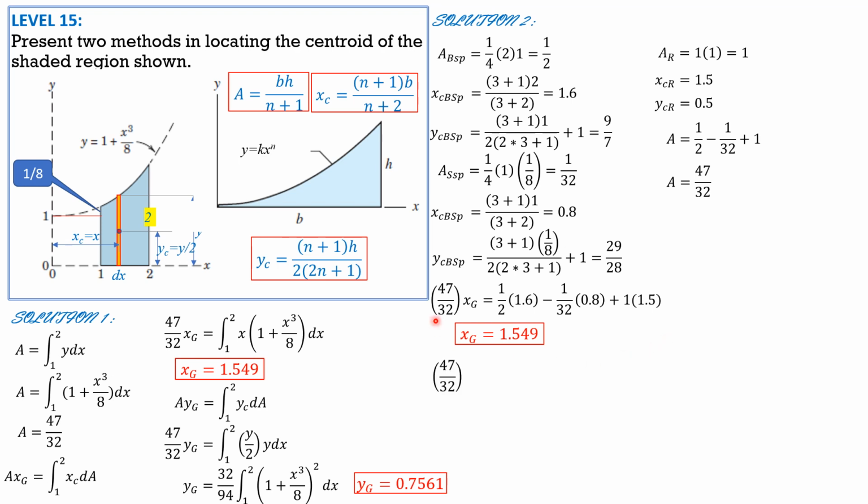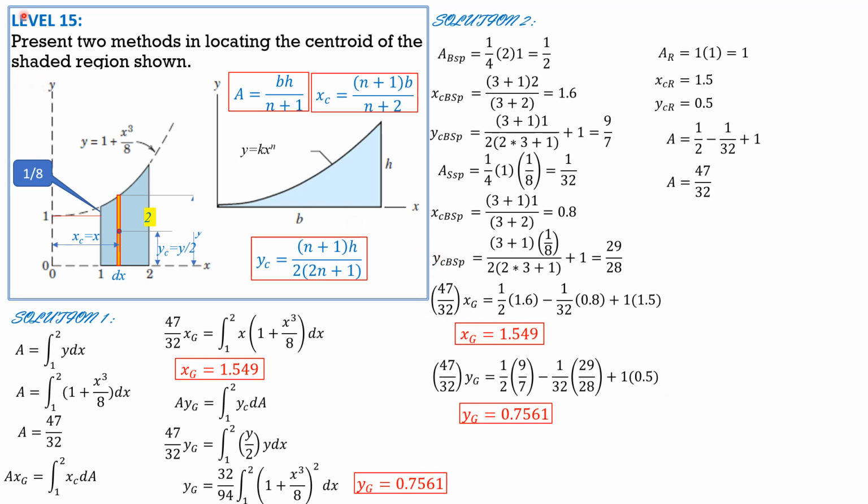Then 47 over 32 times yg equals 1/2 times 9 over 7 minus 1 over 32 times 29 over 28 plus 1 times 0.5 for the rectangle. So yg is equal to 0.7561. So that's it for this video.